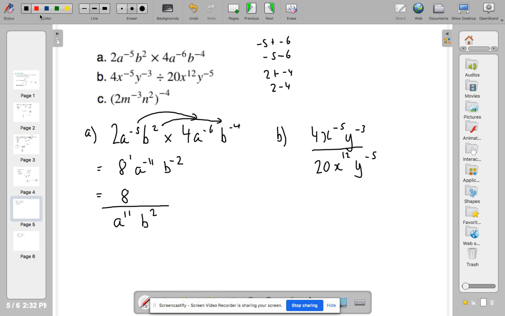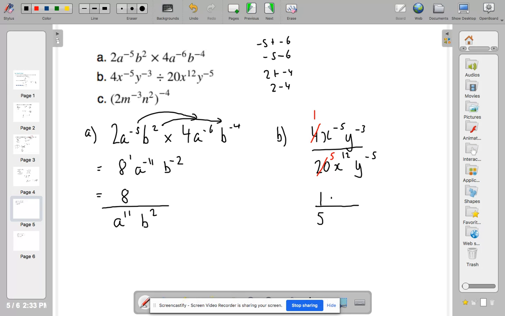I'm going to start by cancelling the numbers. I've got 4 and 20, and I know that 4 goes into both of those. So 4 into 4 goes once, 4 into 20 goes 5 times. So I'm actually going to start writing down the next part of my answer here. I'm going to put a 1 on top and a 5 on the bottom. That's the numbers dealt with.